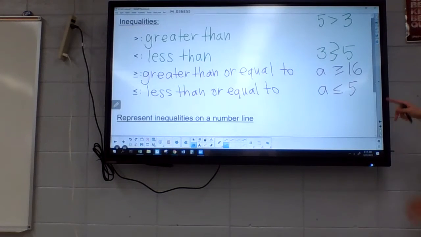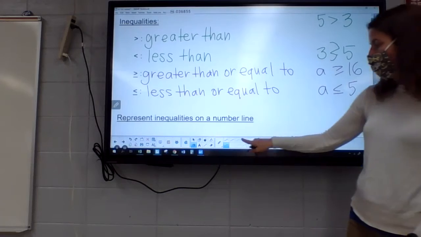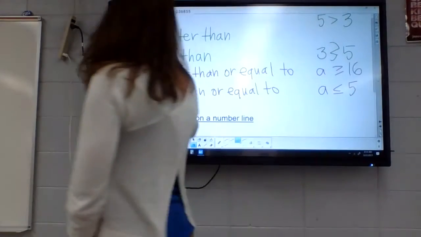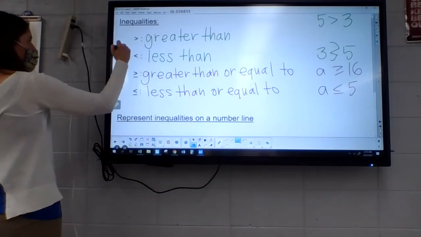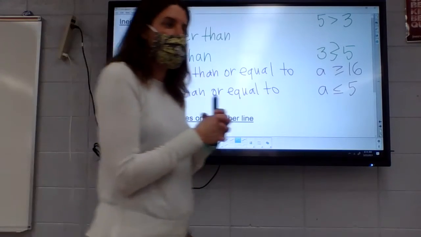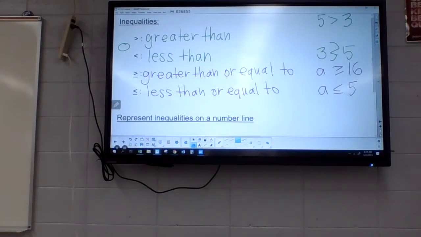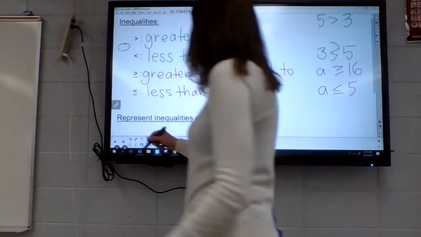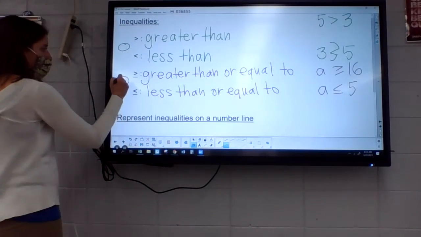What answers are possible? When we show that on a number line, for these two, we're going to use open circles. The reason we're going to use open circles there is because that number is not part of the answer. So that number doesn't work. And then greater than or equal to, I'm going to make a circle, but then I'm going to color it in.